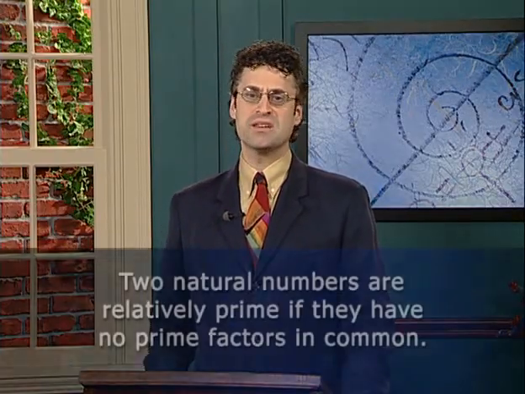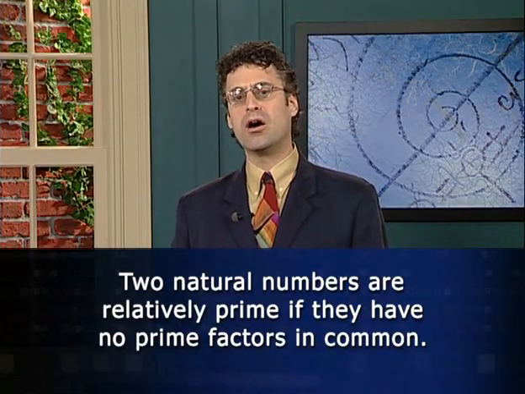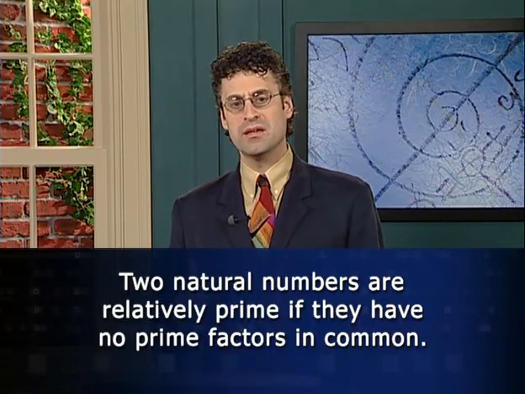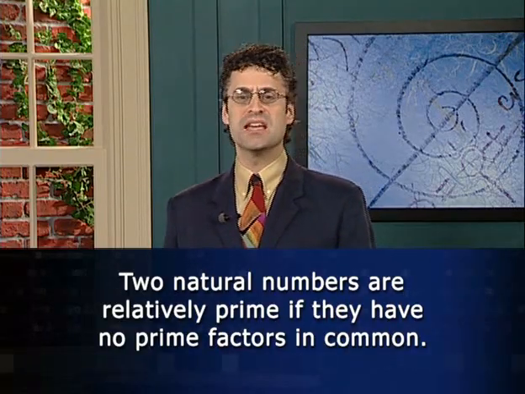Recall that a natural number greater than 1 is prime if it has no factors other than 1 and itself. Now, we'll extend this notion to pairs of numbers. We say that two natural numbers, a and b, are relatively prime if they have no prime factors in common. In other words, if their greatest common factor is the number 1.